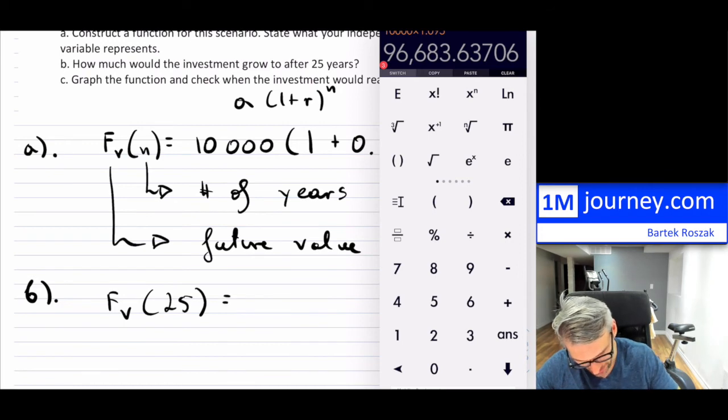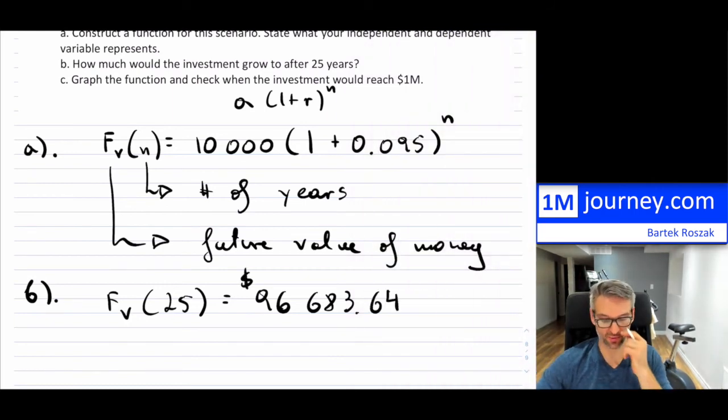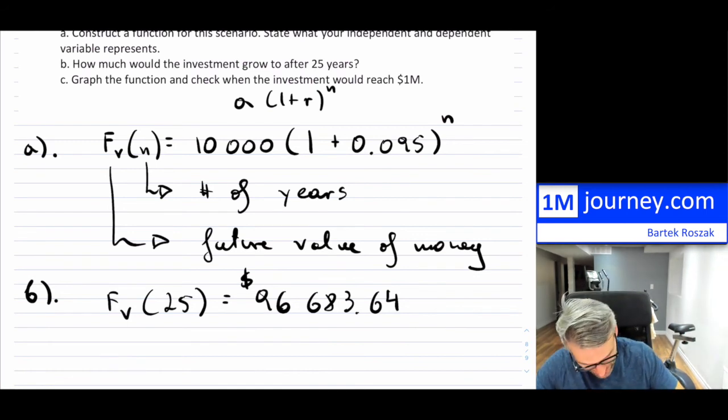You can substitute all the values and check it out for yourself. Since it is money, I'm going to round to the cent, so it's 64 cents. That's quite a bit of money. It's almost 10 times as much as you started with. So this is great so far.